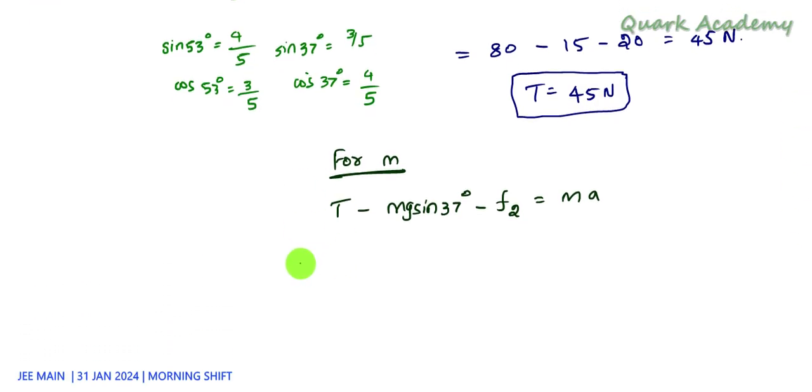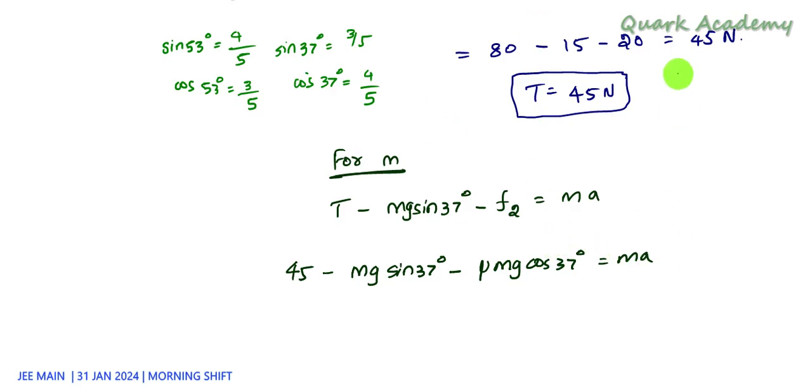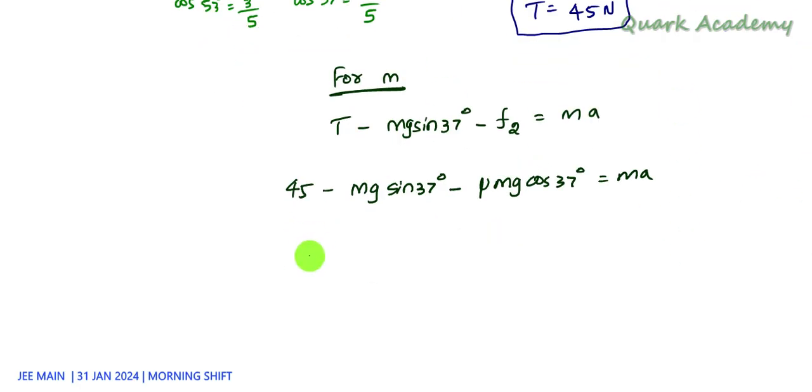And we'll substitute the things. This is 45 minus mg sine 37 minus, again, mu times N we will write. Here N is the normal force, mg cos 37 degree, equal to ma. So let's bring the mass terms to one side. We will have 45 equal to mg sine 37, it's not minus, it's plus mu mg cos 37 plus ma.